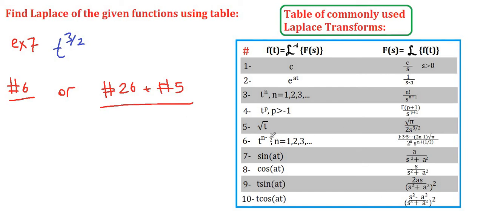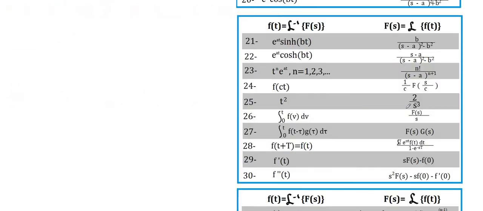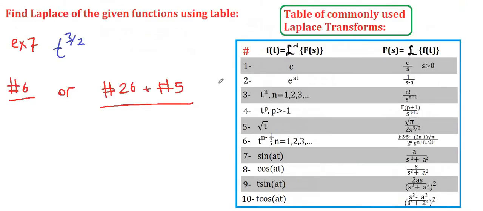Our number 5 is the square root of t, this is the Laplace transform. And number 26 is the integral from 0 to t of f of v dv is equal to f of s over s. Let's use number 26 plus number 5, and I leave number 6 to you.